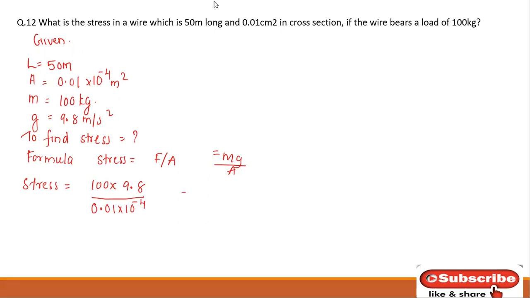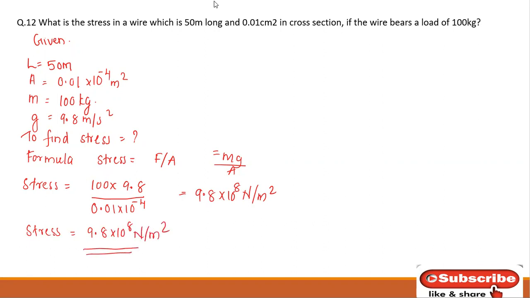On solving this, we will get 9.8 into 10 raised to 8 Newton per meter square. That is the stress value.